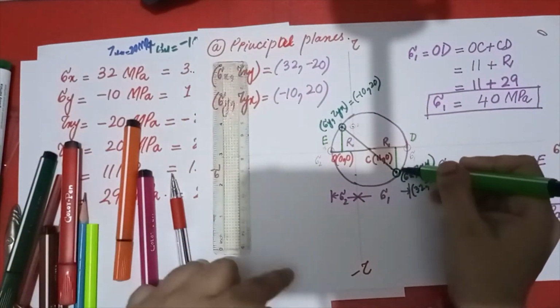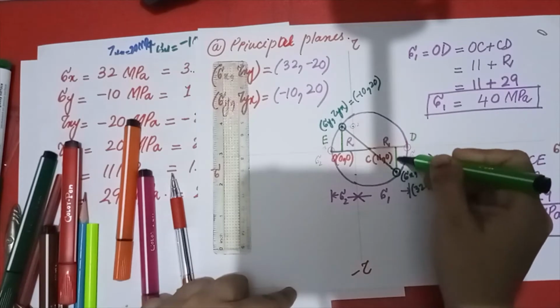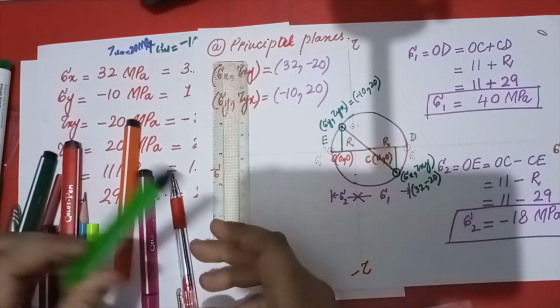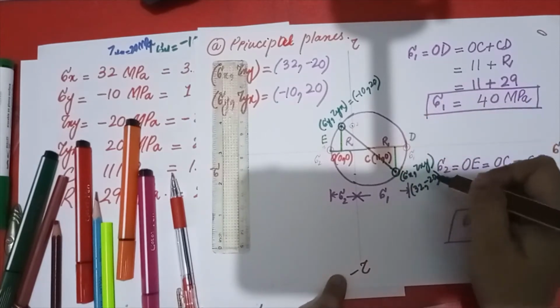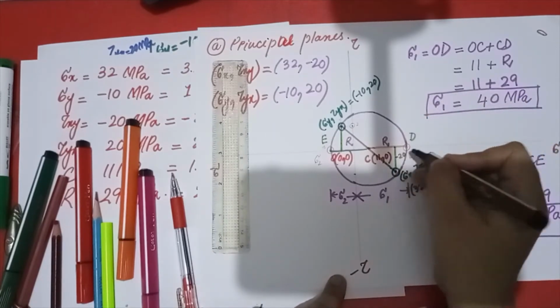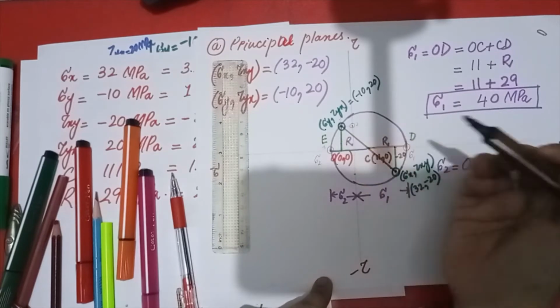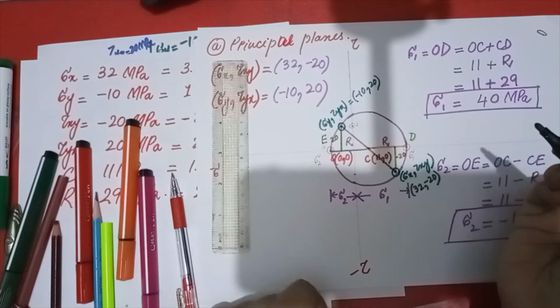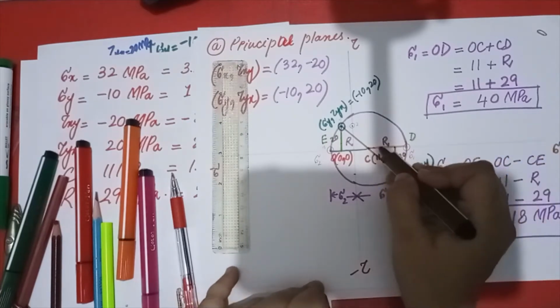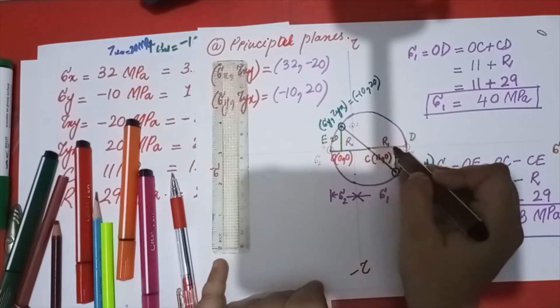Now, if I have to measure its length, how can I measure it? Its length should be minus 20, and this length should be positive 20. And this is the horizontal distance, the base of this triangle. So how can I get this length?